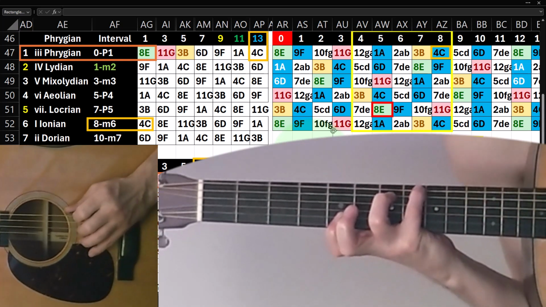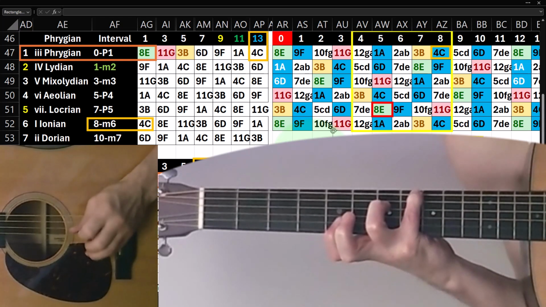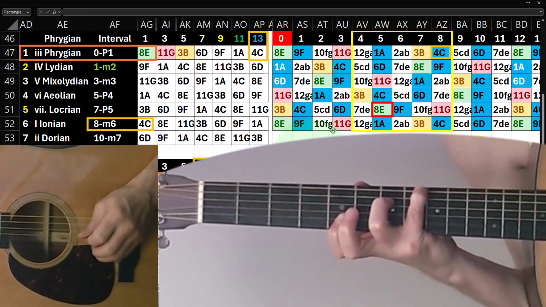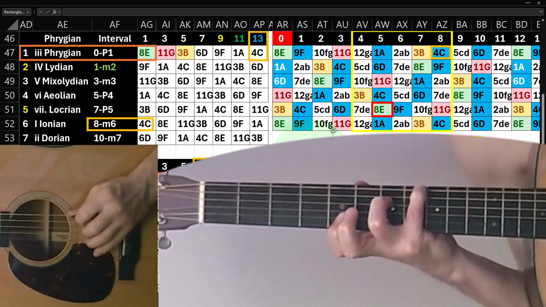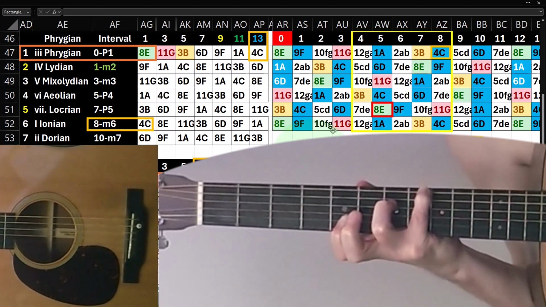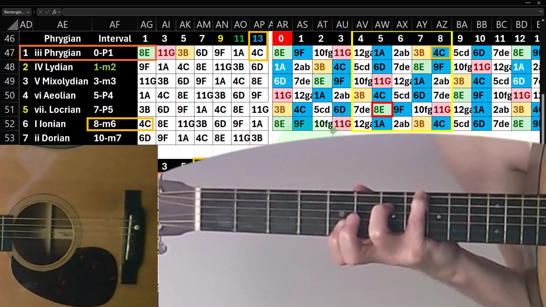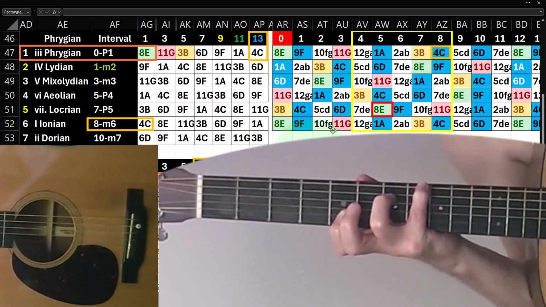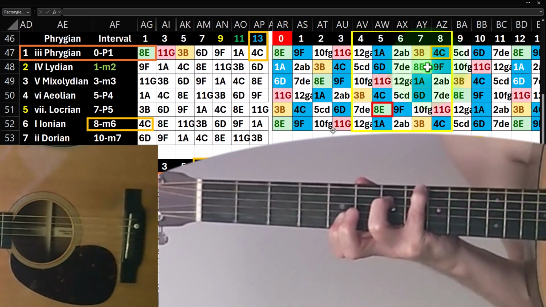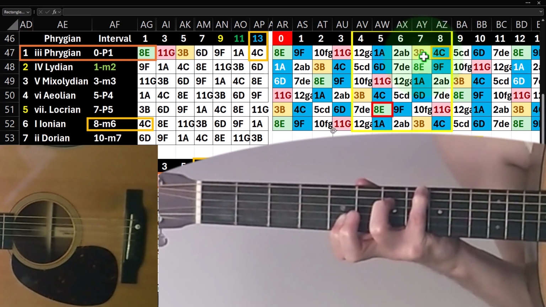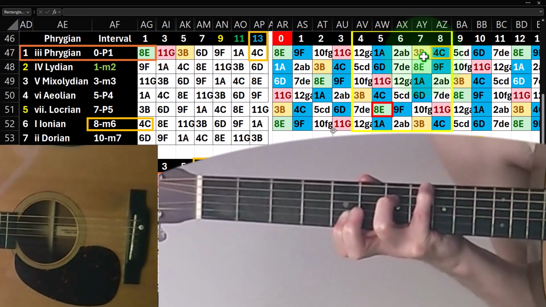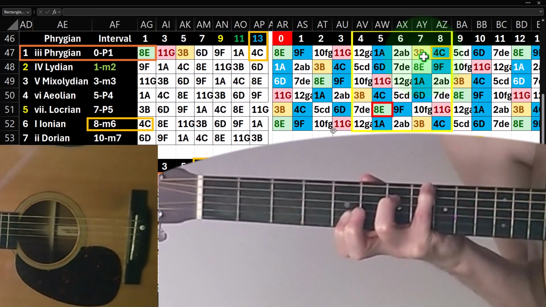So if I went from this C to this E, that would be a 4 note away major third. If I went from the bottom to the top, that would be an 8 note away minor 6, and therefore if I go up 4 strings, the 8 note away minor 6 would be 3 frets forward. I would always cross the fault line unless I think about going around the top of the guitar.